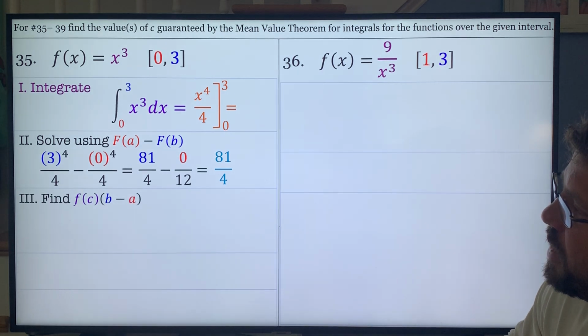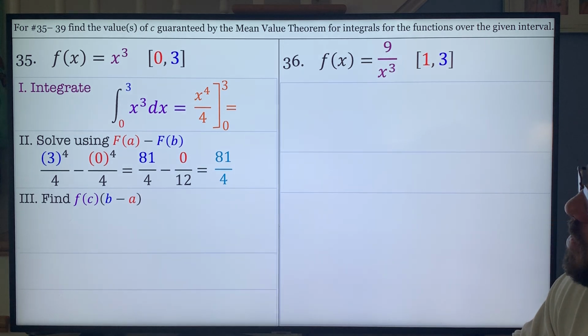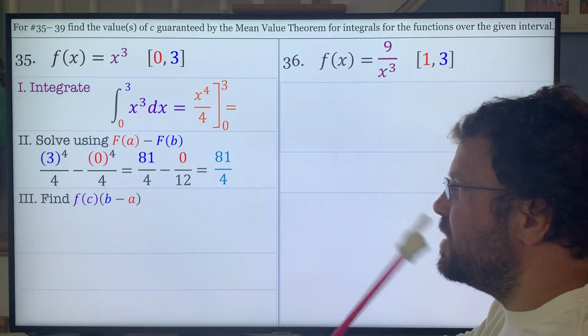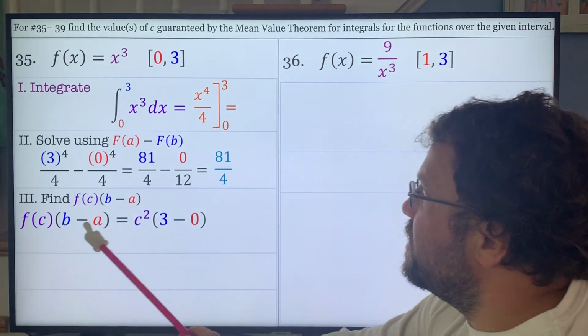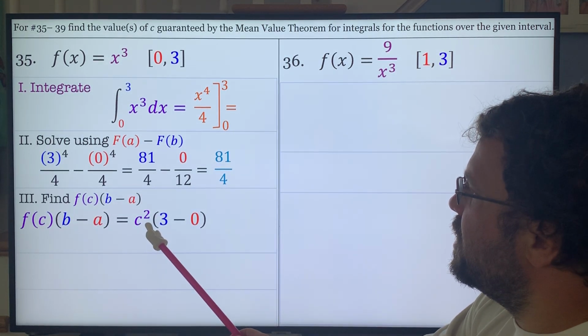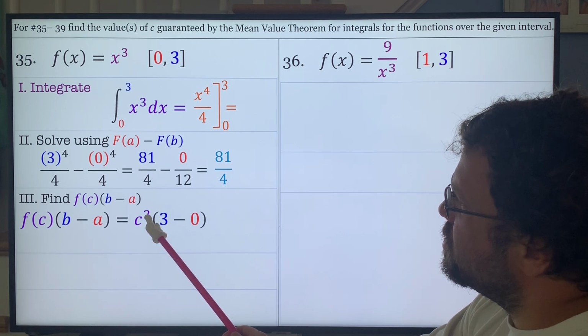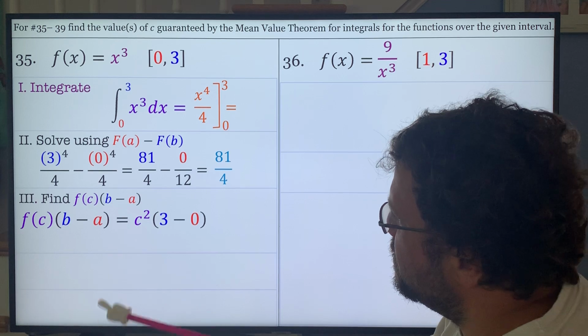All right, step 3, find f of c times b minus a. So f of c is what? How do we find f of c? Substitute the x with the c. So f of c equals c cubed, and b minus a is 3 minus 0.